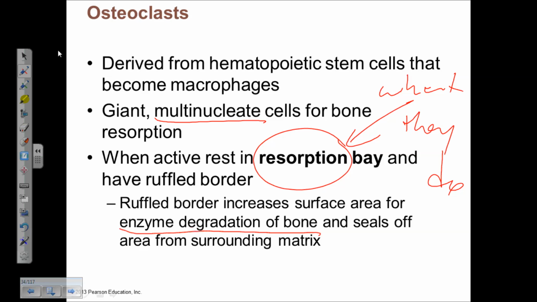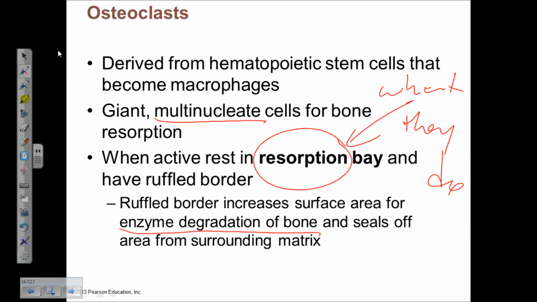Chalk. How would you dissolve chalk? Never did? Dissolving chalk? Take a piece of chalk, drop it in vinegar. You will have a lot of bubbles. Any kind of acid. So they secrete acid and digestive enzymes.